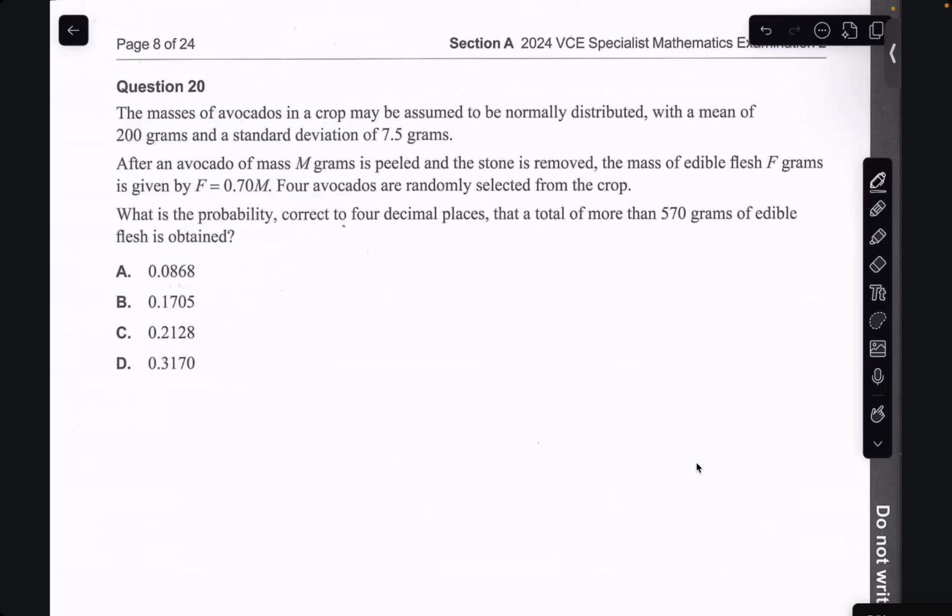The masses of avocados in a crop may be assumed to be normally distributed with a mean of... After an avocado is peeled and the stone is removed, the mass of edible flesh is given by that. 4 avocados are randomly selected from the crop. What's the probability, correct to 4 decimal places, that a total of more than 570 grams of edible flesh is obtained? Okay, so what's the normal distribution for F? Well, the expected value of 0.7m is 0.7 times the mean, which is 140.